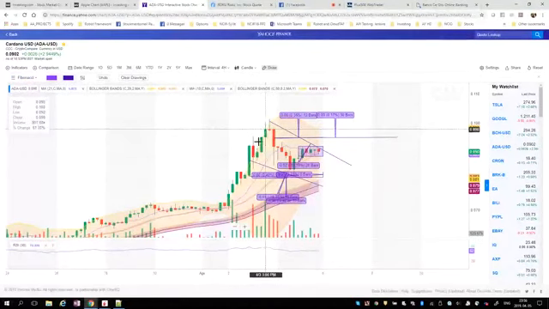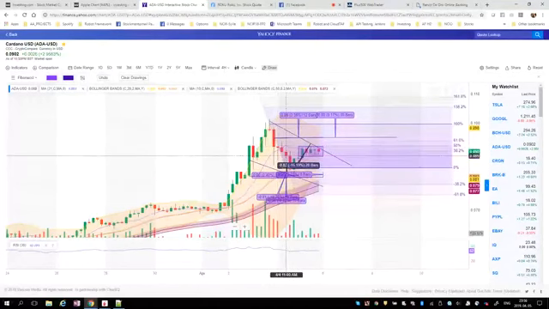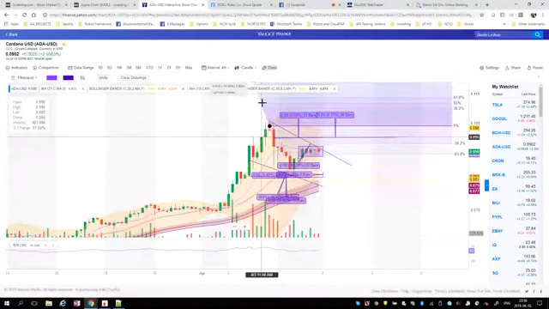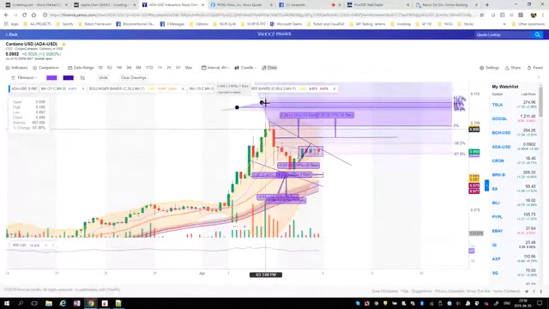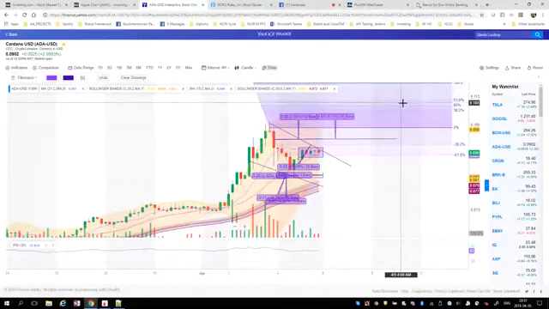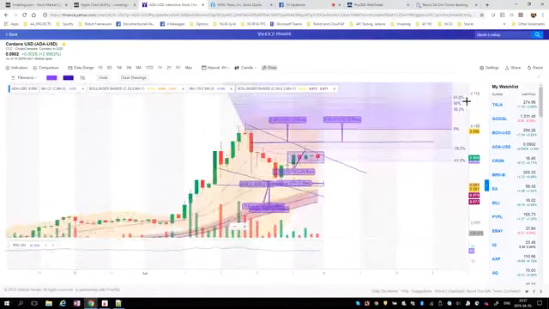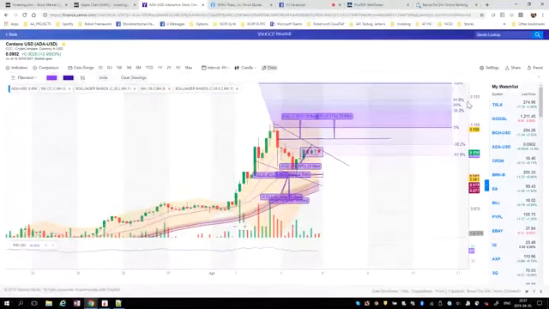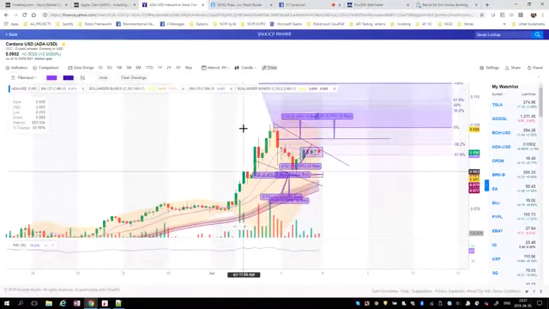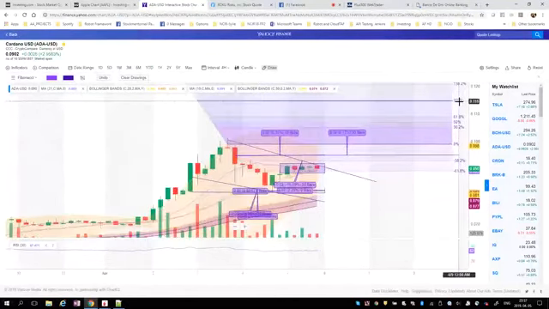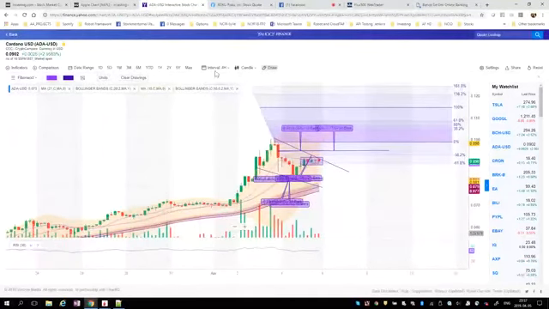So if we measure this to here, and extend it up, our max take profit is at 0.109, malapit sa 0.11.